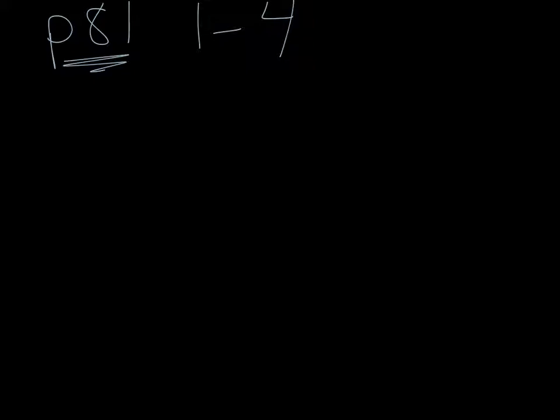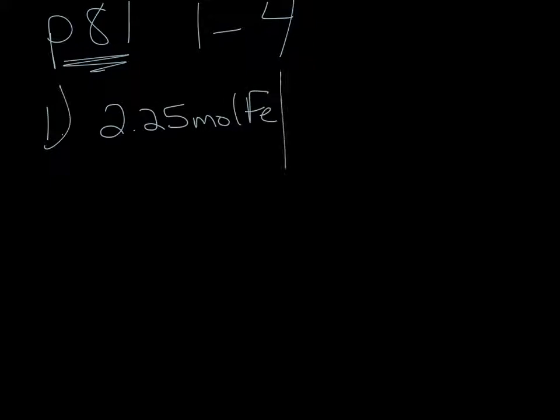So what is the mass in grams of 2.25 moles of the element iron? So number 1, after having these hard ones, these easy ones should be a blessing, right? Moles of iron. And then, when I wrote what I'm given, I'm now going to write where I'm going. And I'm looking for how many grams of iron this is.